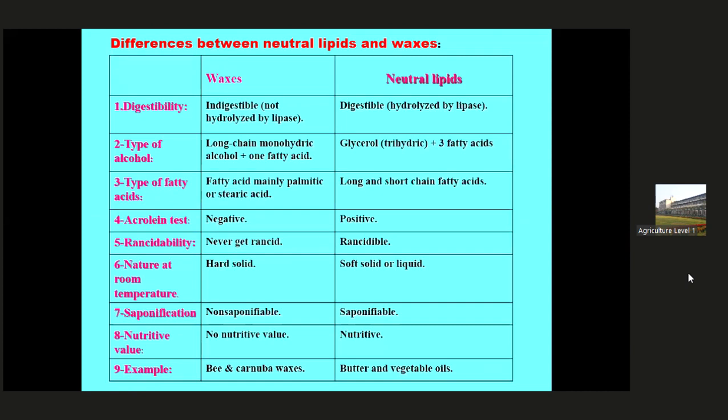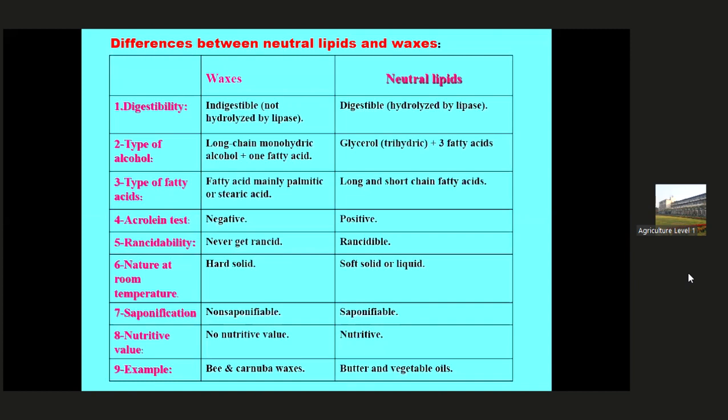Saponification number: wax has none because the fatty acid is not freed by the action of potassium hydroxide. Saponification means first you have to break down the ester linkage, then free the fatty acid, and then potassium hydroxide reacts with the fatty acid to produce soap. As the ester linkage cannot be separated from the alcoholic group, you will not get any saponification number.